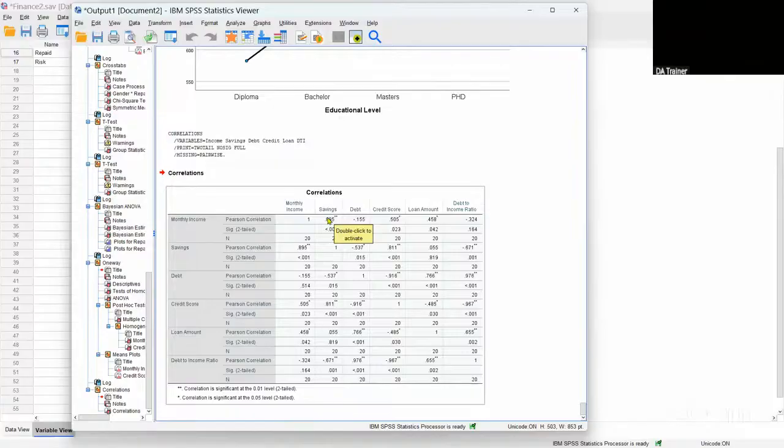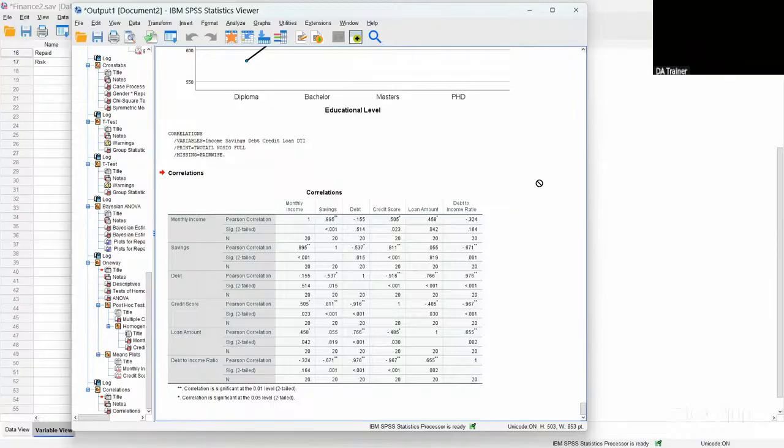And then we have the mid here. We have minus 0.155 under debt. And then we have minus 0.324 under debt to income ratio.